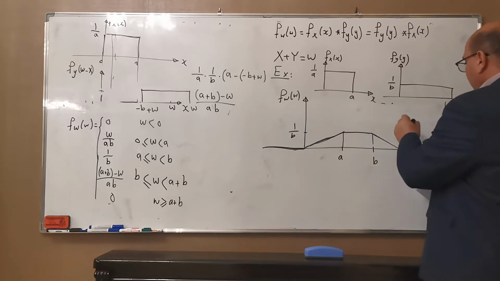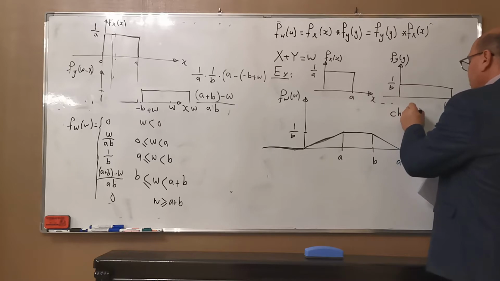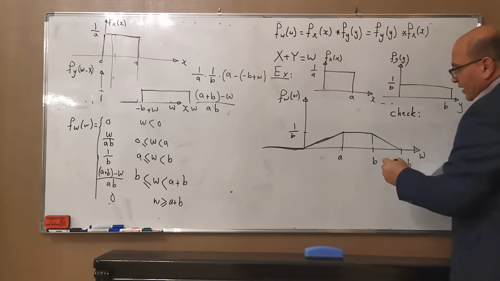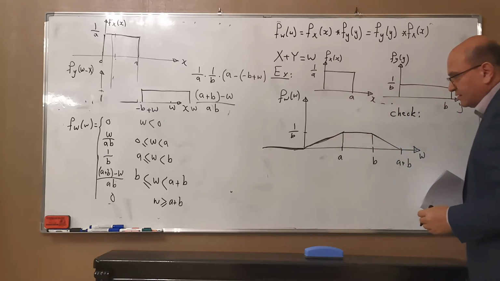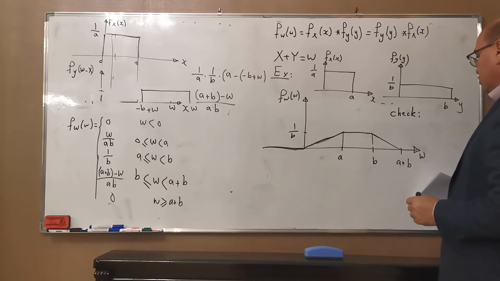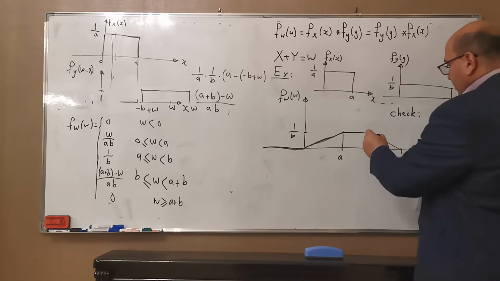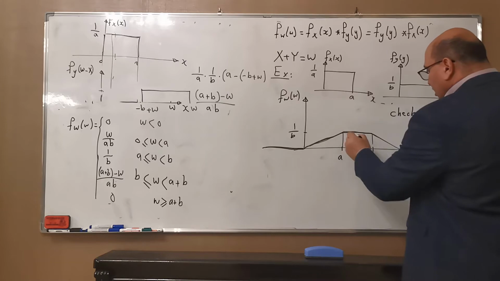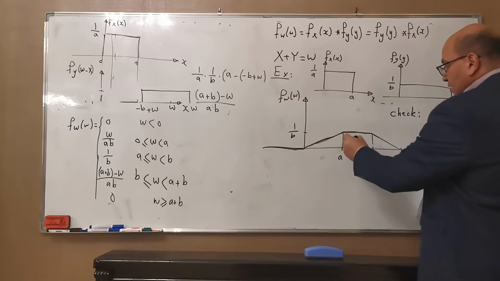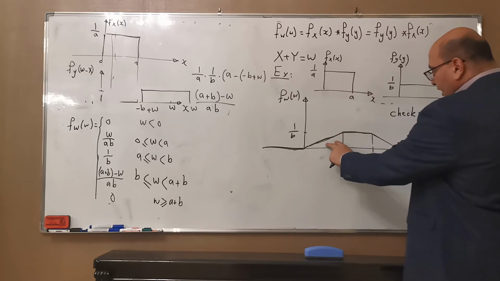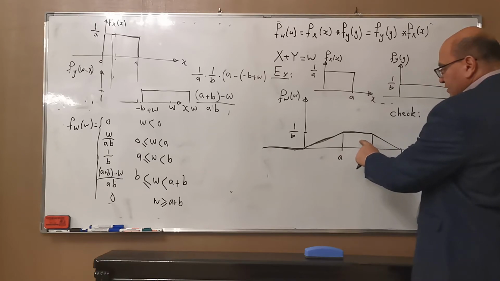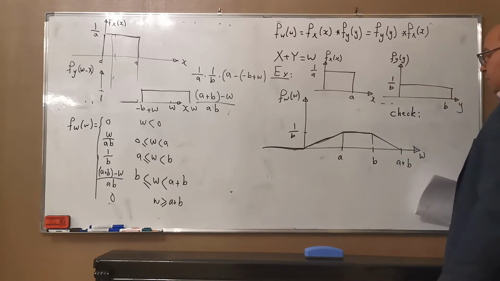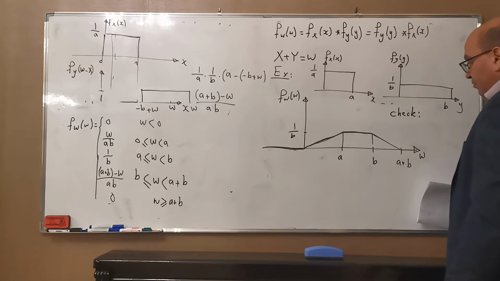One check here, if you need to check your answer, you can find the area under this trapezoidal shape. The area under this trapezoidal shape is the area of this triangle plus the area of this triangle plus the area of this rectangular shape. You can add them and you can find out that this is equal to 1.